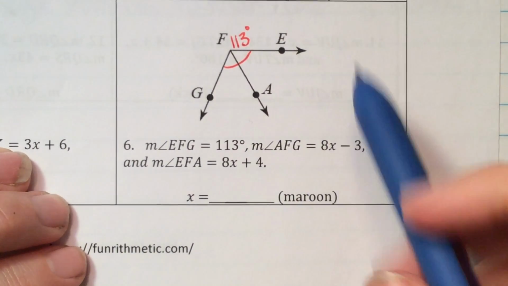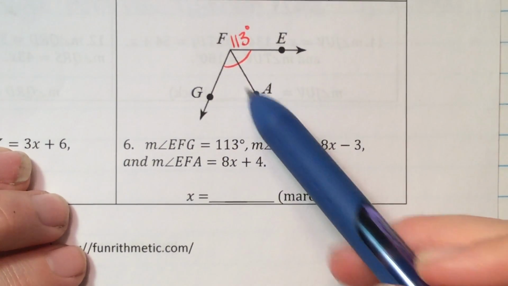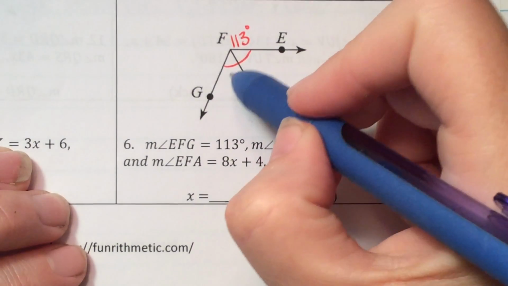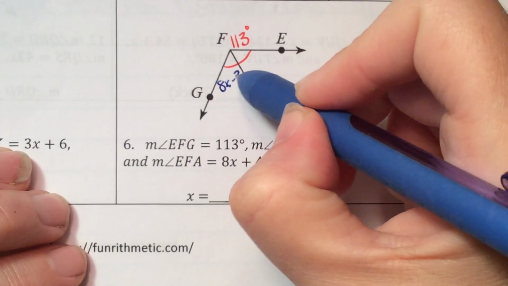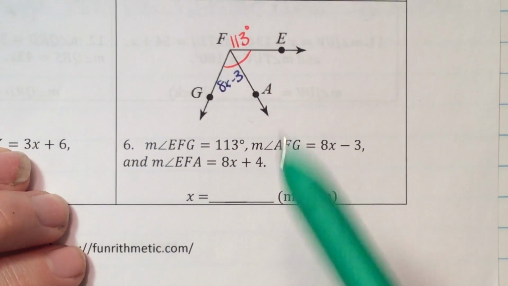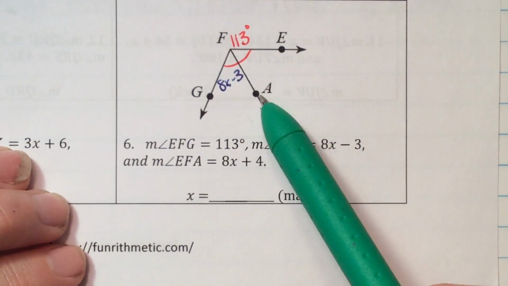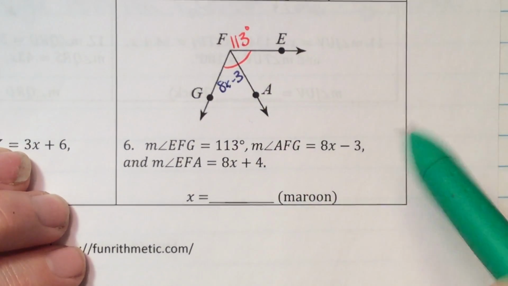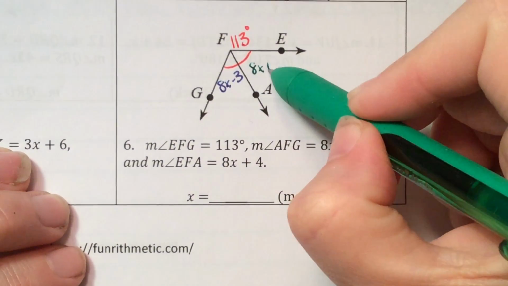The measure of angle AFG, which is this piece, is 8x minus 3. And the measure of angle EFA, which is this side, is 8x plus 4.